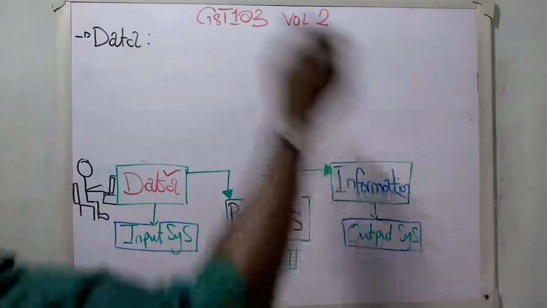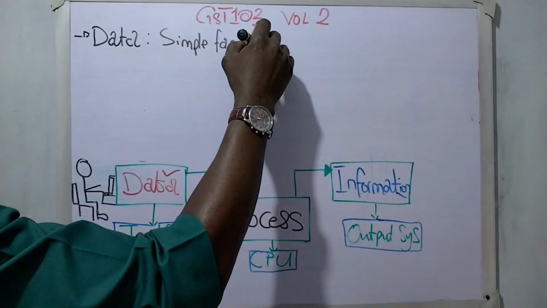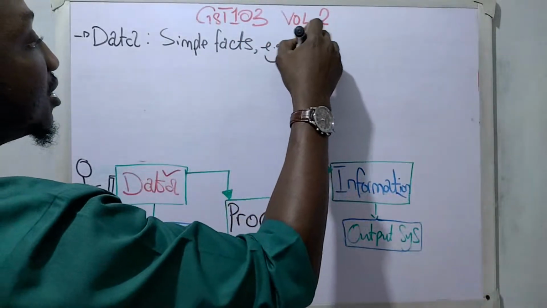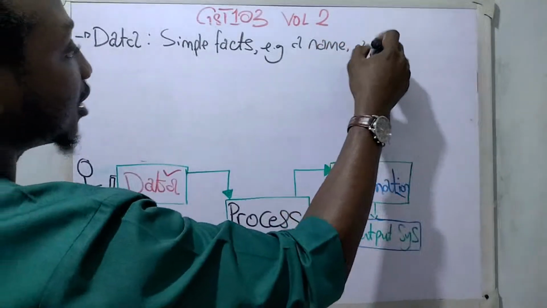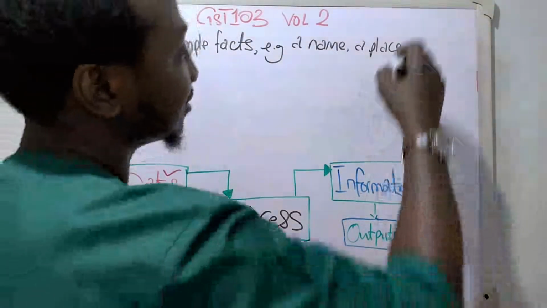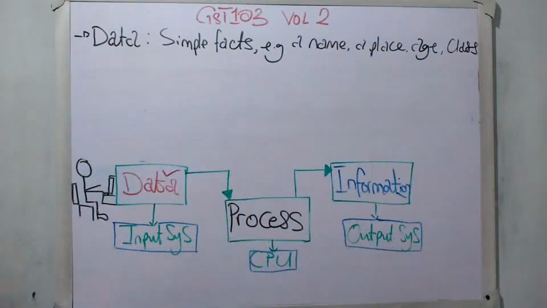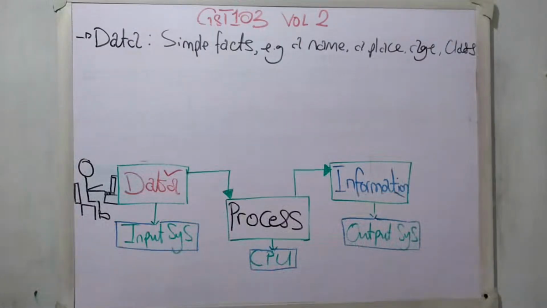So we can refer to this as simple facts, e.g., a name, a place, age, class, and so on. Complexion, height, just facts. Nothing more, nothing less. And trust me, facts don't make much sense if they are not being processed.